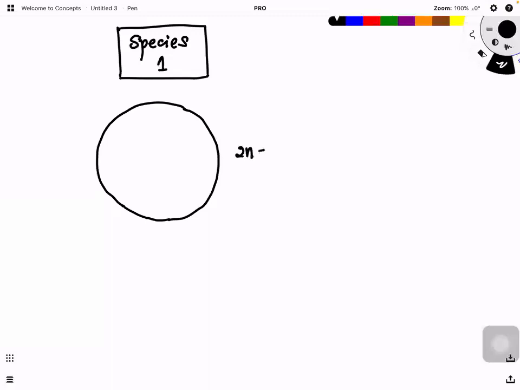So 2n equals 4. So this is a diploid. Please follow, this is a bit confusing here. So 2 blue, 2 red. So I have species 2.